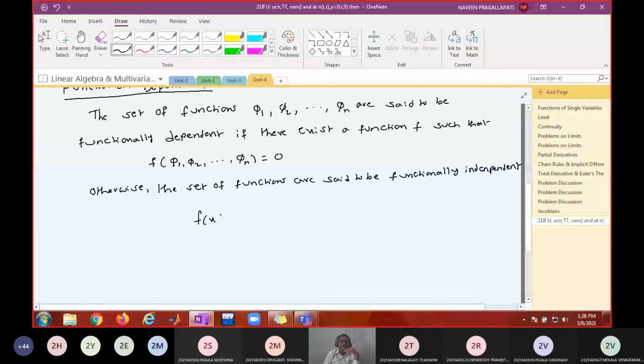I am giving you 2 functions f of x and g of x. I want to know whether they are linearly dependent or not. How do you test?